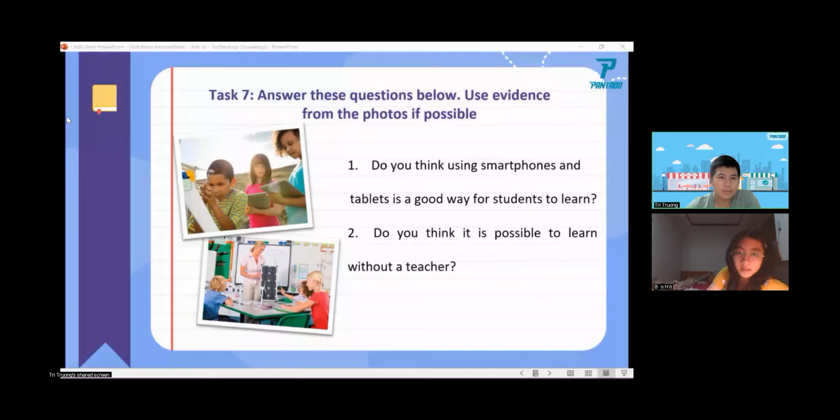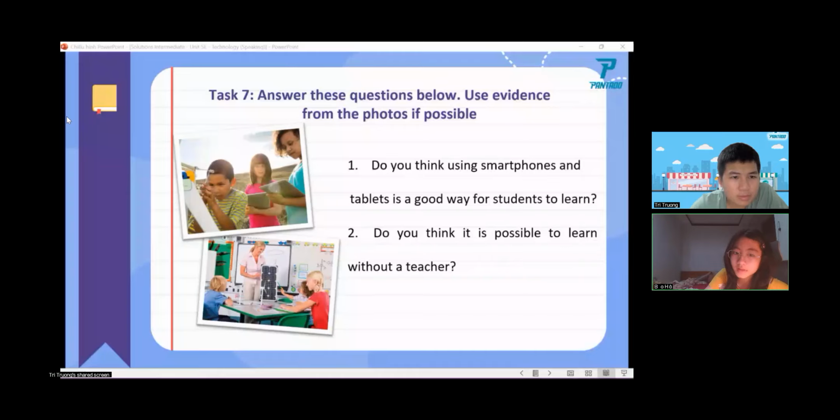Yes, I think using smartphones and tablets is a good way to study because they help students access information quickly, watch educational videos, and it can explain what we don't know in a way we can understand.